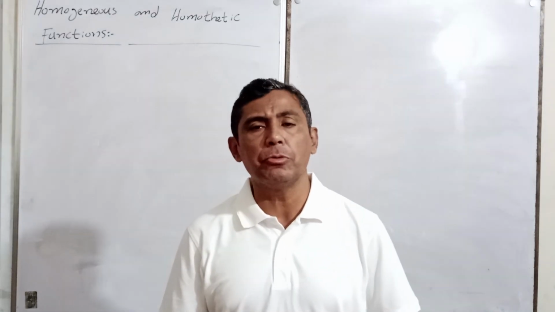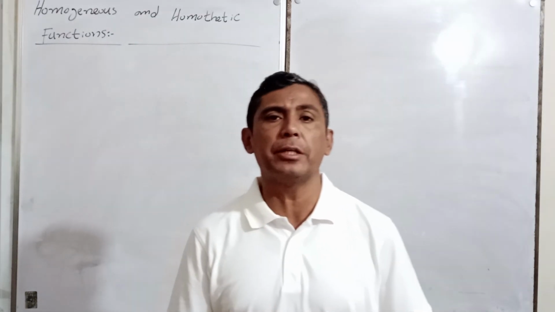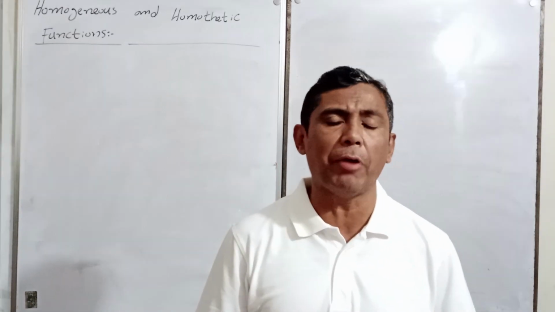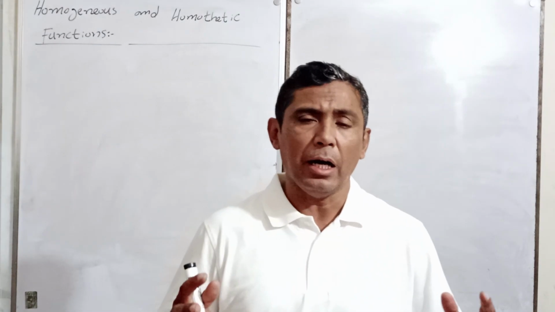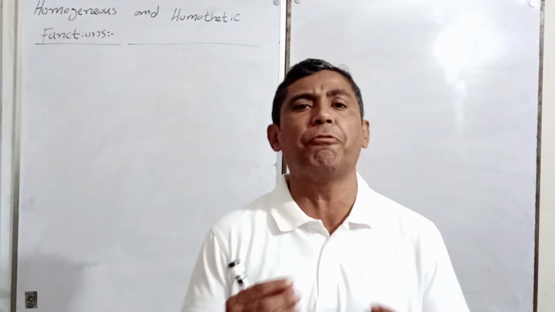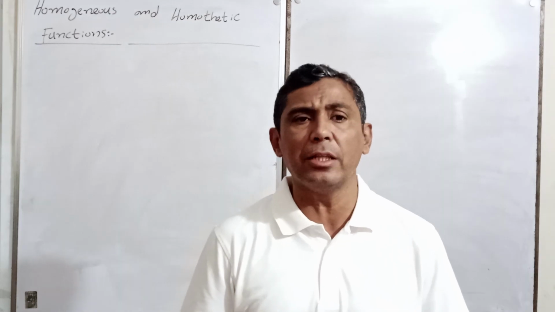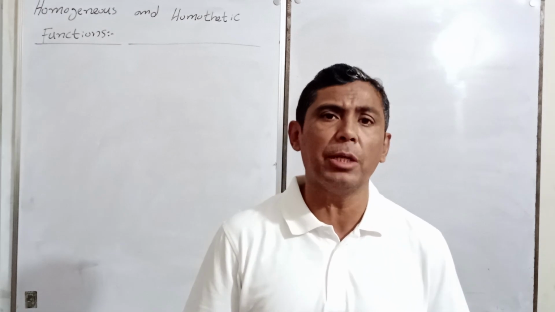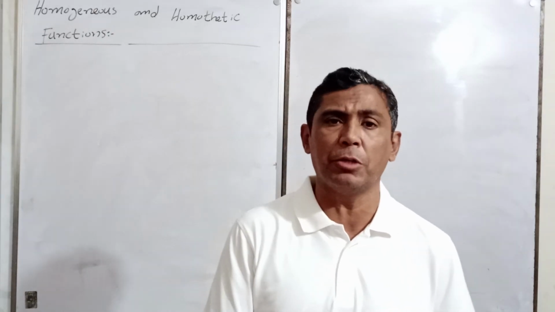Today I will cover this lecture in detail, because most students are confused and think there is no difference between homothetic and homogeneous production functions. So today I will remove your confusion.